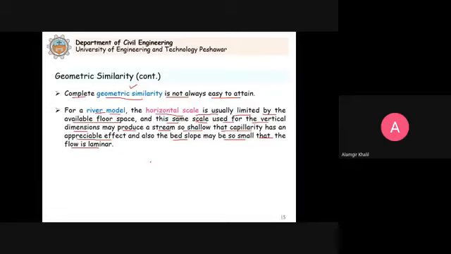So in that case, if we adopt a scale for the horizontal scale here, and then the same is used for the vertical dimension, then what will be the problem? The flow becomes so shallow that capillarity has appreciable effect, and the flow can become laminar, where the flow in the prototype may be turbulent flow.